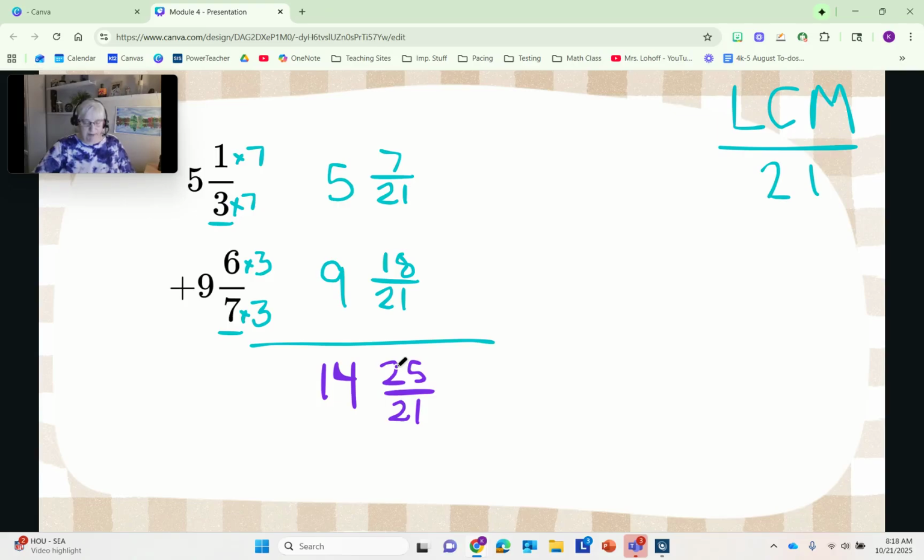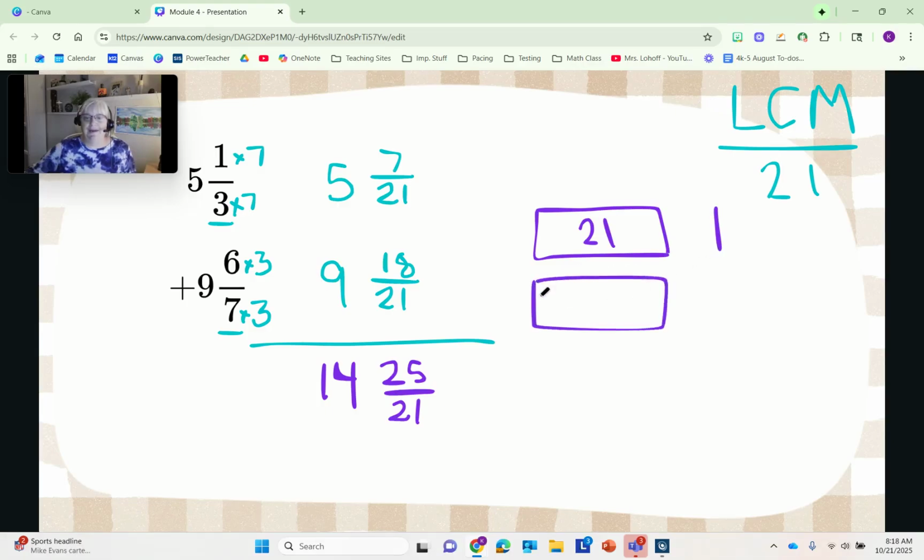You don't have to remember that it's called that, but you have to be able to identify that this makes a whole. Remember, if I had a pan of brownies, cut into 21 pieces, the top number says I need 25 total. So I would have one whole pan, plus to get to 25, I'd need 4 more pieces out of the 21.